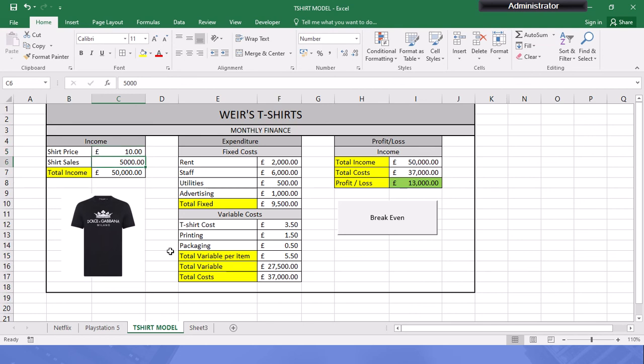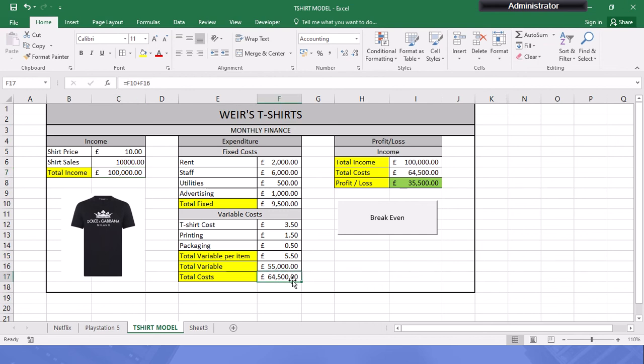So you could say if we were selling t-shirts across the country, how many t-shirts might we sell in a month? You could say we're going to sell 10,000 t-shirts in a month. So using that figure, 10,000 shirt sales multiplied by £5.50 each is how much it's going to cost. So that is our outgoing cost. But our income is £10 per shirt for 10,000 shirts that we're going to sell is £100,000.